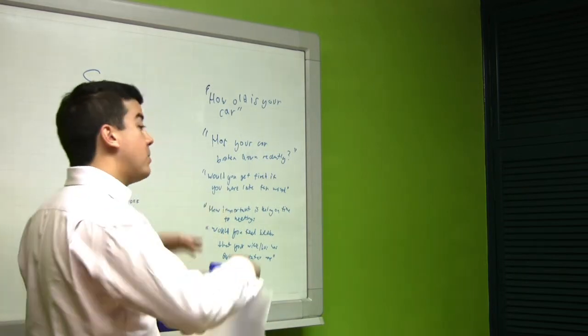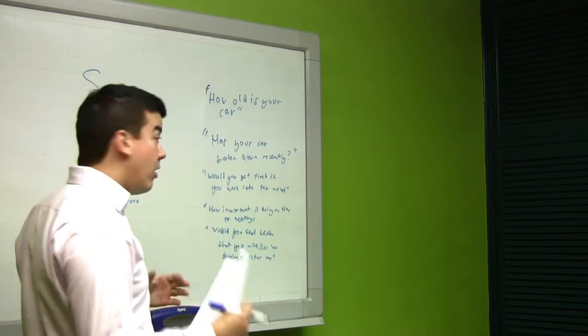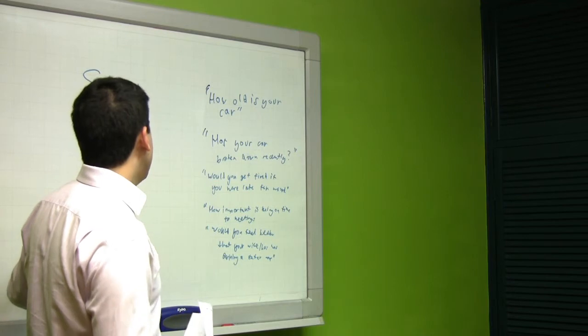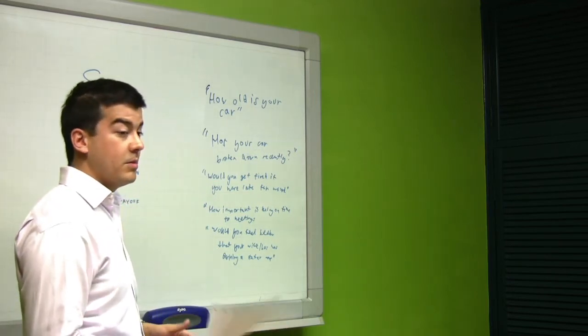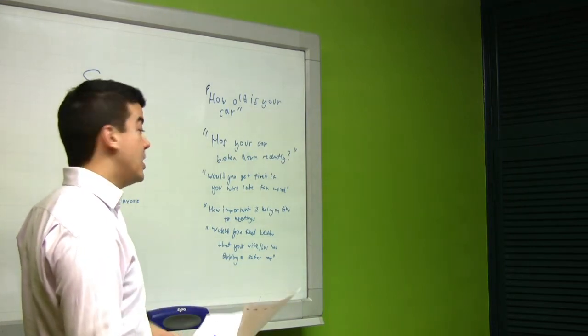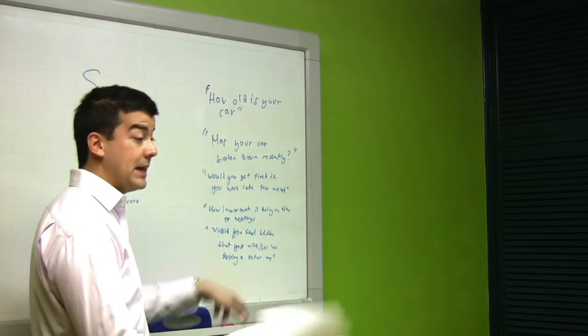So you start to make the problem bigger. It's like, what are the implications of this? What's the worst case scenario? Exactly. And then you move to needs payoff. Needs payoff is, what's it worth to you to solve the problem? If I could solve this problem, what would it enable you to do? Not just directly, but indirectly. What are the other benefits you would have by getting a new car?